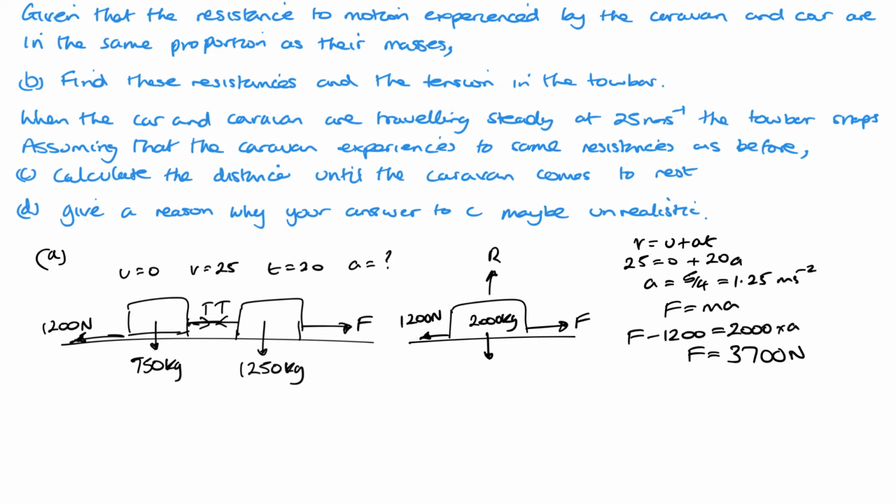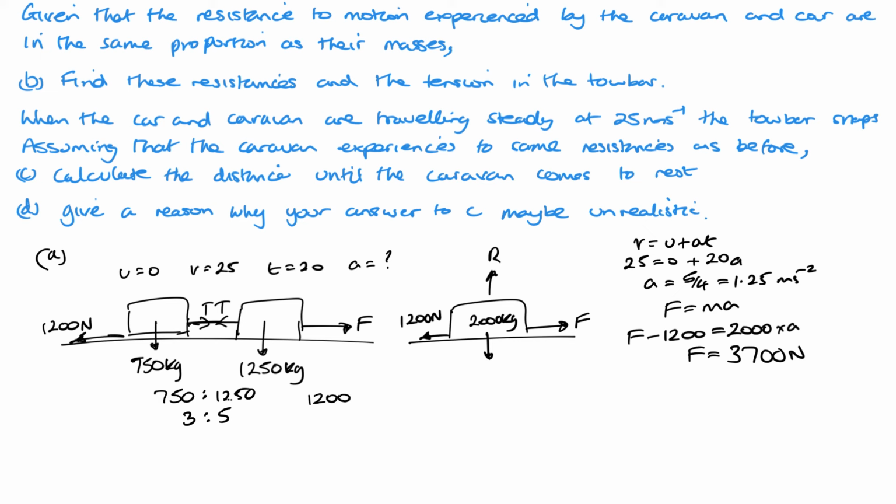Now, before we go further, it tells us that the resistances to motion experienced by both the caravan and car are in the same proportion as their masses. So I can change this now into its individual resistances. I'm going to set these up as a ratio first, in the ratio of 3 to 5, which is a total of 8.